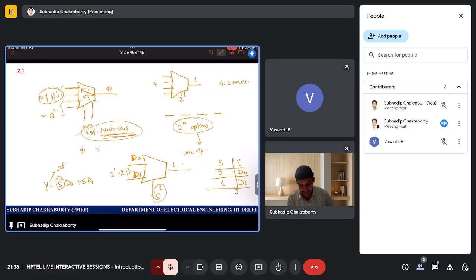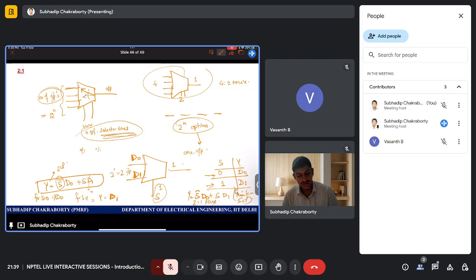If S is 0, S bar is 1, the second term goes off and your output is D0. For S being 1, your output Y becomes D1. This is the function, the minterm SOP representation of a 2:1 mux.